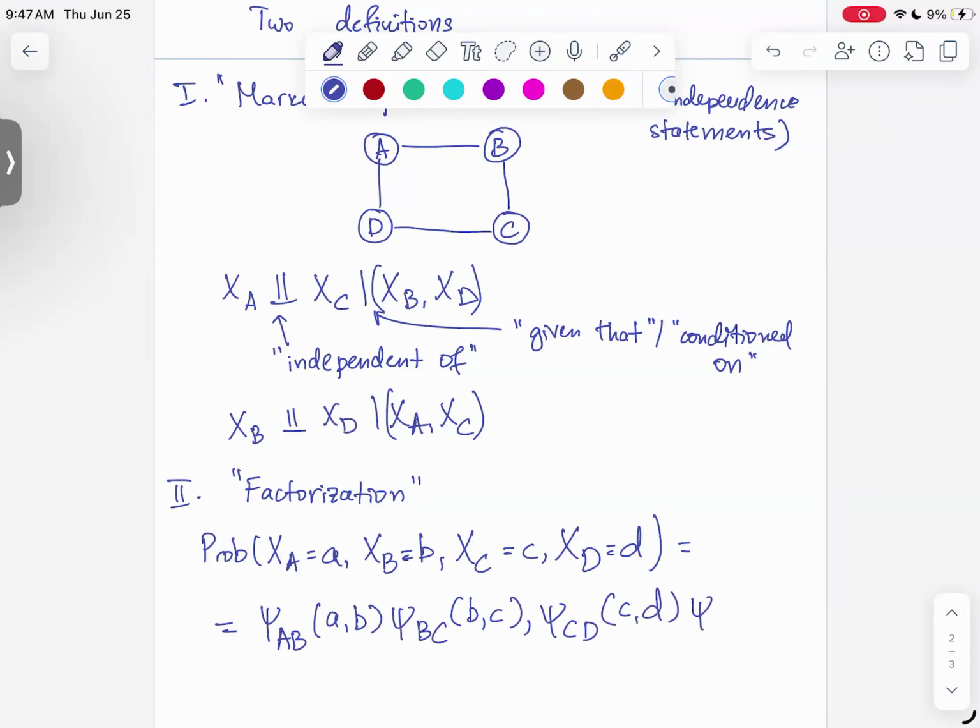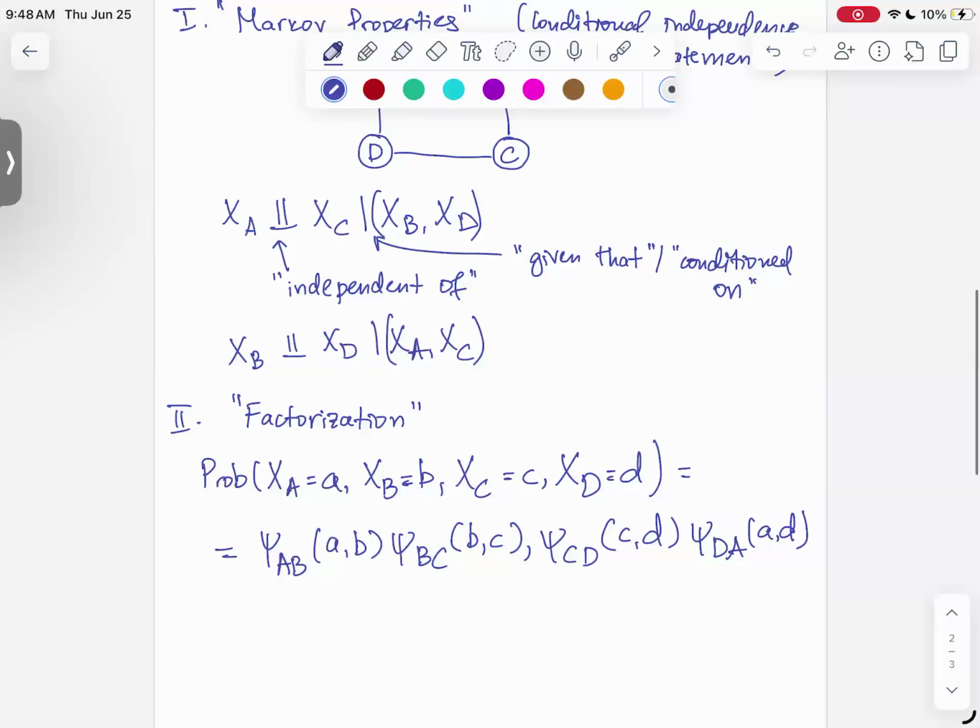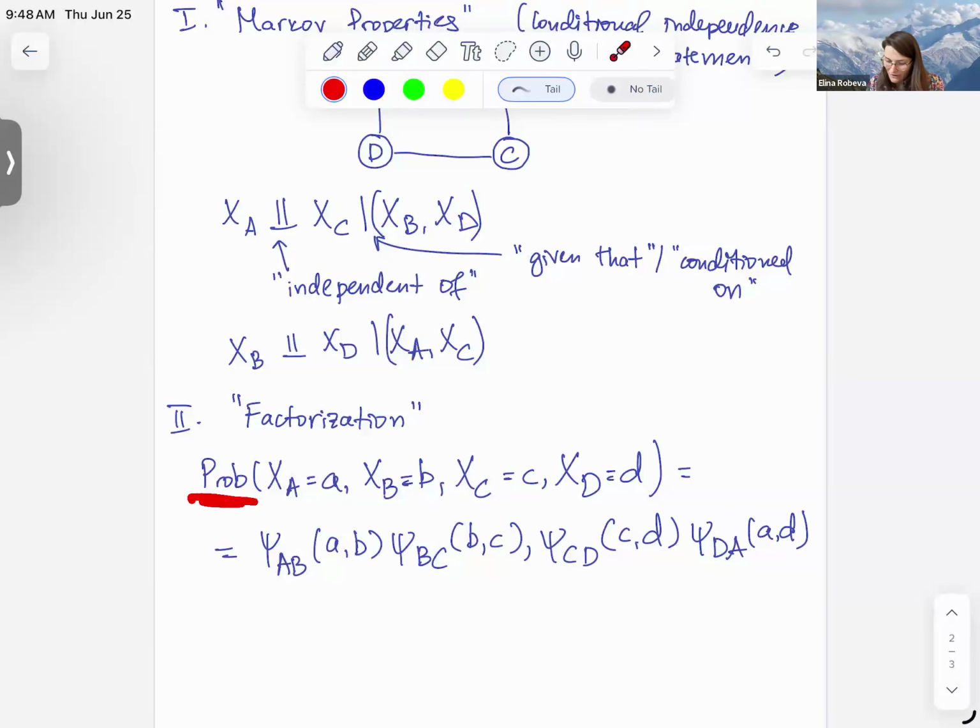Wait, so this is essentially looking at like the edges of the graph you have. Yeah, so it's looking at edges. In fact, you're looking at cliques. So here the edges are the cliques, but the definition is cliques. I'll give you the definition just in a second. But basically, this says that you can write this function of A, B, C, D as a product of functions that only depend on AB, BC, CD, and AD.